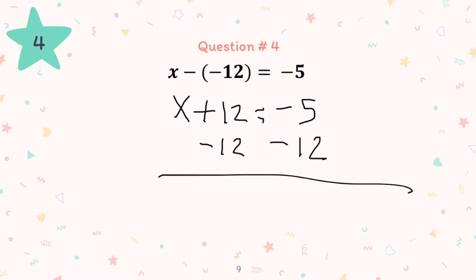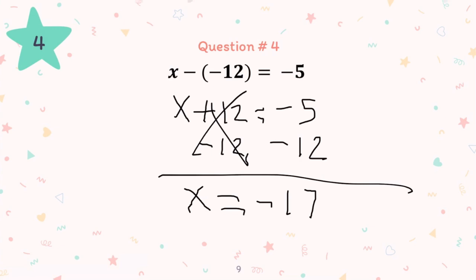So then we cross this out, but now we're left with x. So negative 5 minus 12 equals negative 17.